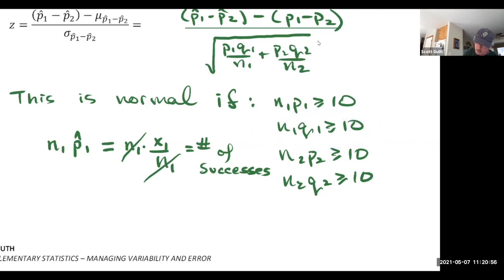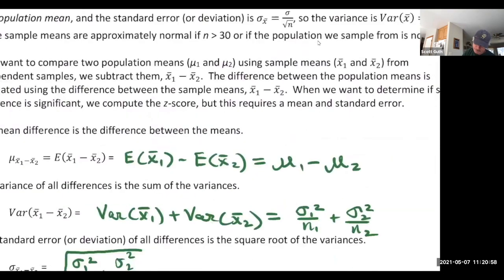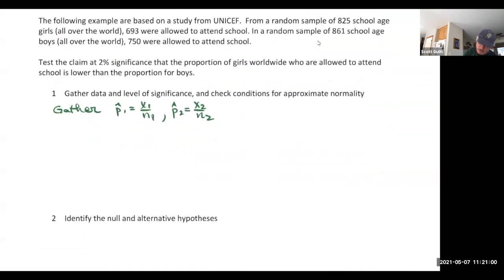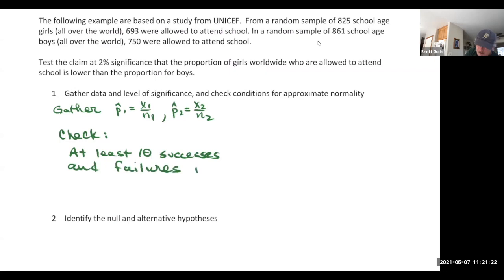So when we go back to this, the check here will be nothing more complicated: at least 10 successes and 10 failures in each sample.